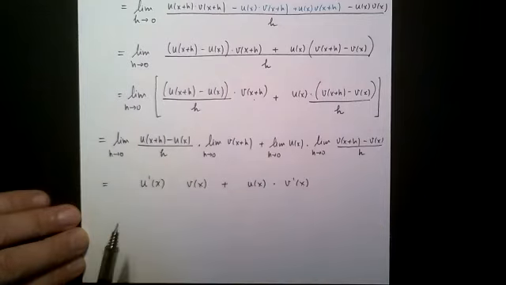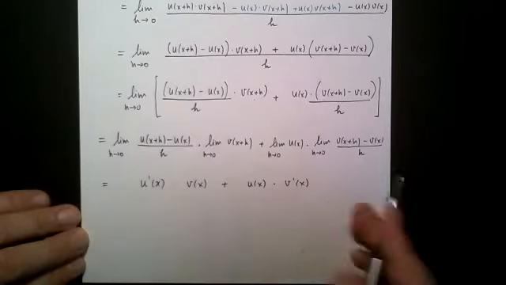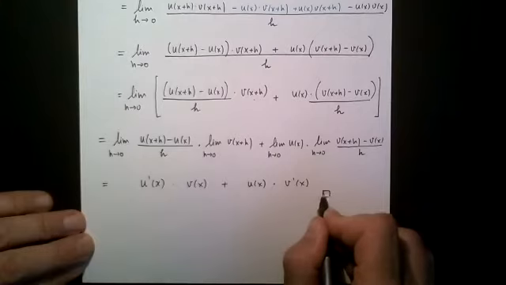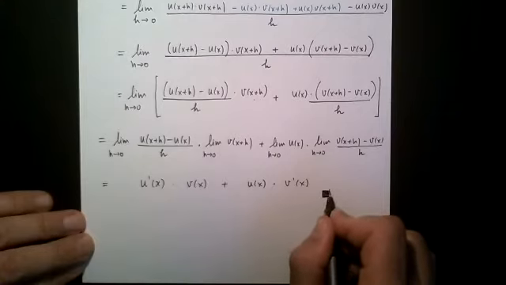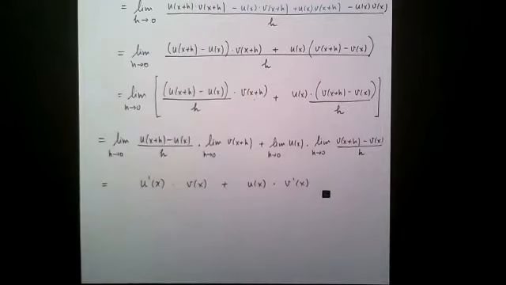And that's it, I proved it. I just showed that f prime of x is equal to u prime times v plus u times v prime. I'm done. This is the proof of the product rule. Any questions?